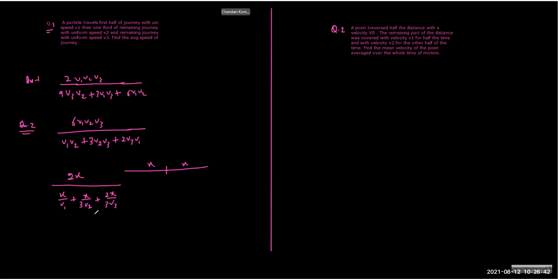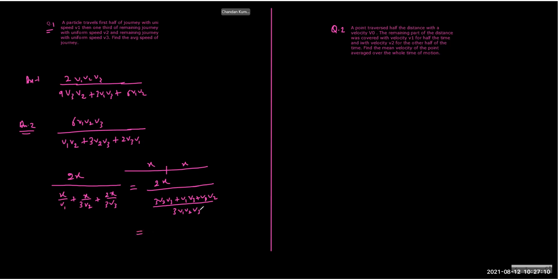So the LCM of 1, 3, 3 will be 3 only, right? So the LCM is 3 v1 v2 v3, right? So the first term will be 3 v2 v3 plus v1 v3 plus v1 v2. So I think none of the answers match this.